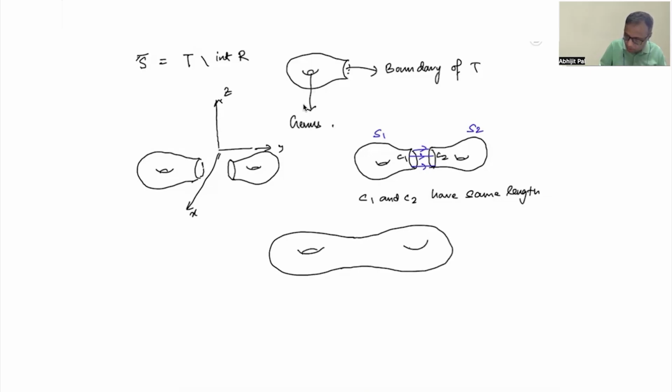Now you'll get these two holes, so genus two, and here you have the attachment. This gluing has been taken over here, so we'll get another surface in R3. This is a genus 2 surface in R3 without any boundary.